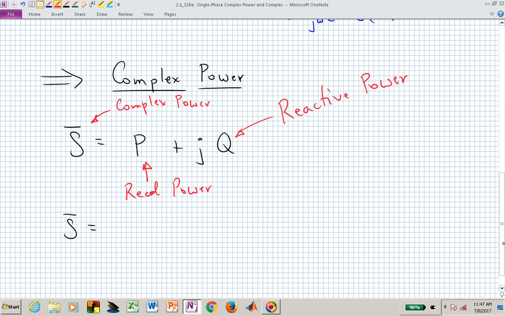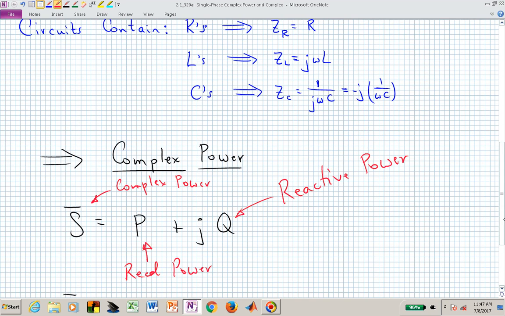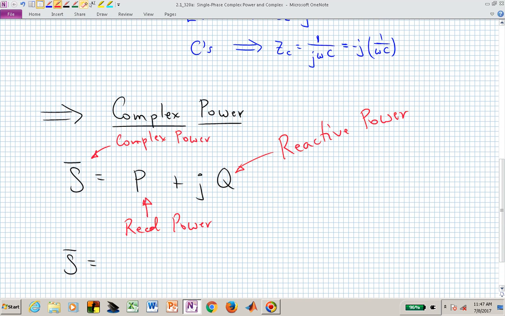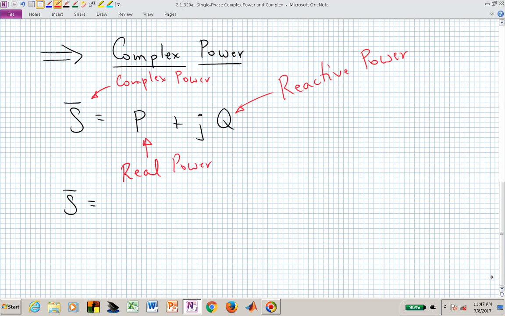With that notation and knowing the formulas for the real power and the reactive power, we can now rewrite or expand on this P plus jQ.